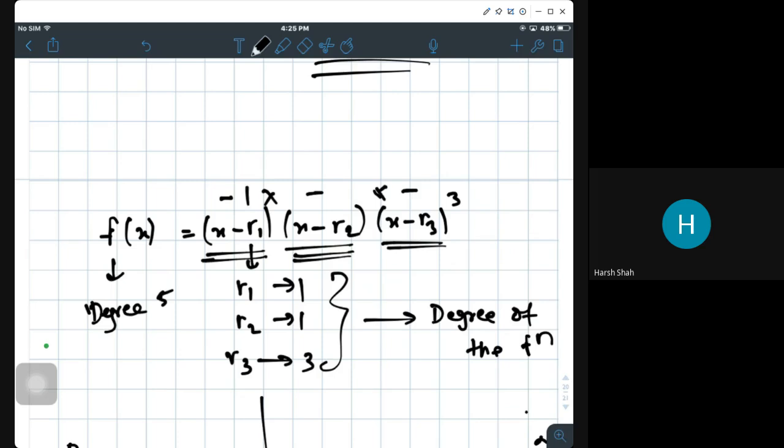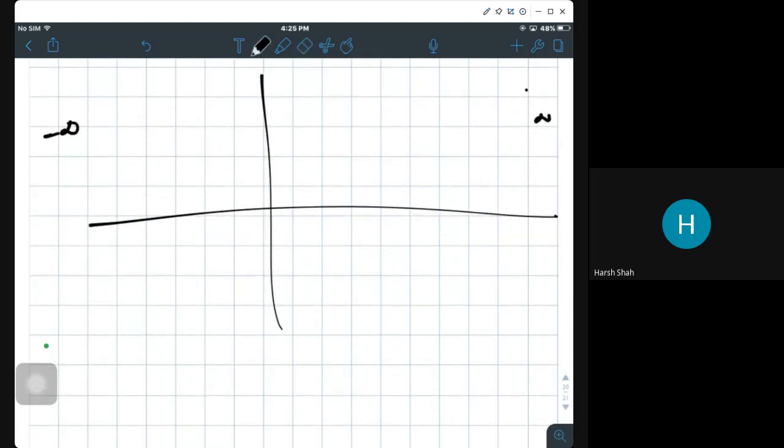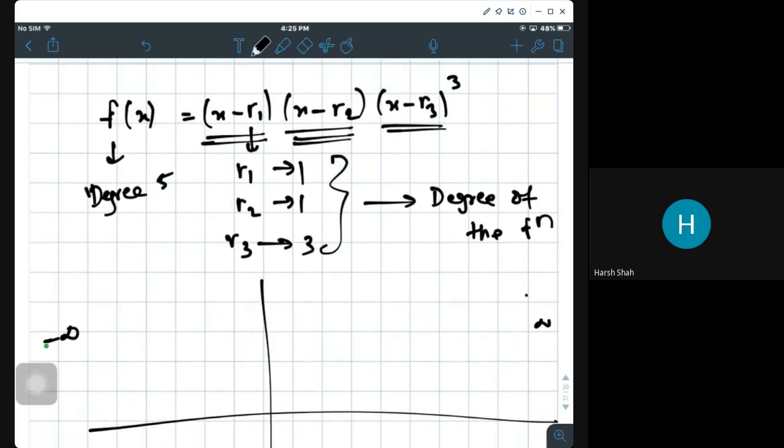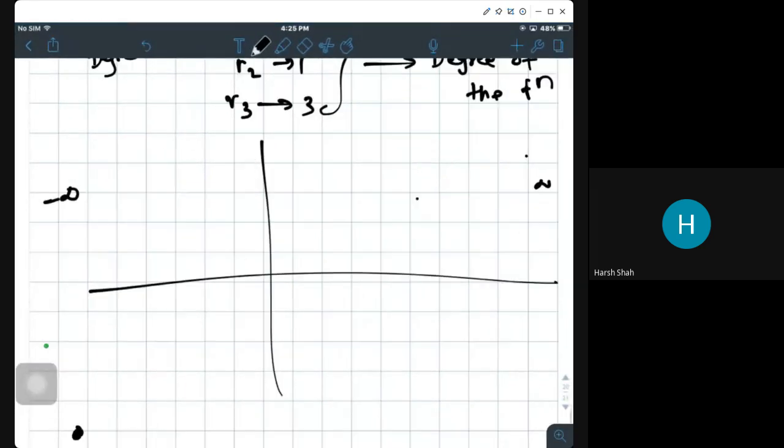Or you can consider minus 1 into minus 1 into minus 1. This is equal to minus 1. So in the end, I have a negative sign here. So that means at the negative infinity side, it is somewhere here. In the positive infinity side, this is a positive, this is a positive, and this is also a positive. So I'll have end behavior like this. Is it correct?